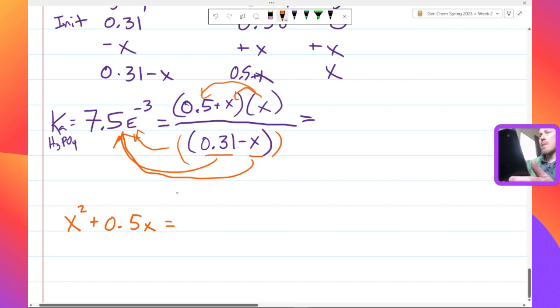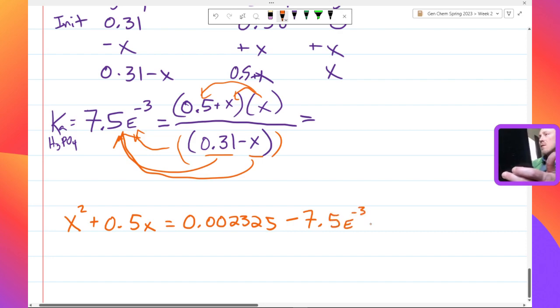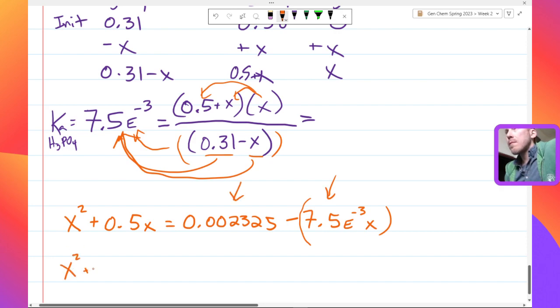There we go. 0.0022325 minus 7.5 times 10 to the minus third times x equals that. Right? And now we just combine terms. So we're going to add this to both sides and subtract that from both sides. Same deal I've done before.